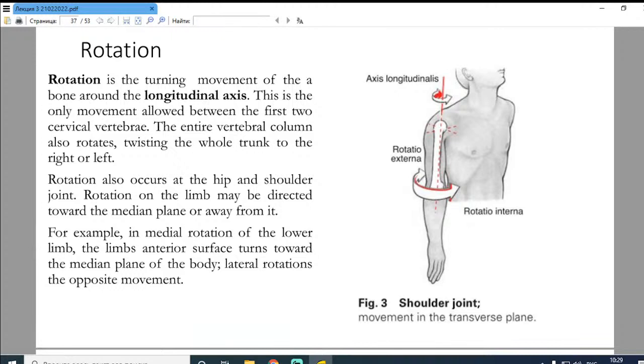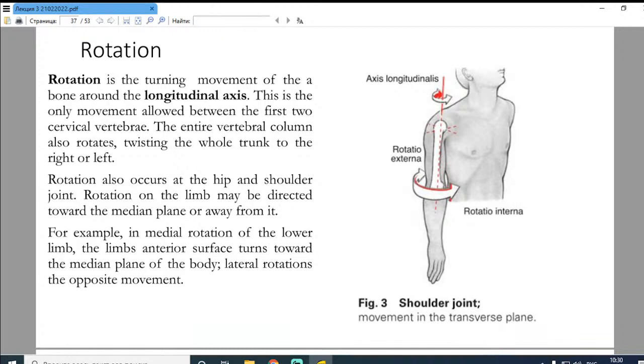Rotation also occurs at the hip and shoulder joints. Rotation of the limb may be directed towards the median plane or away from it. For example, in medial rotation of the lower limb, the anterior surface turns toward the median plane of the body. Lateral rotation is the opposite movement.